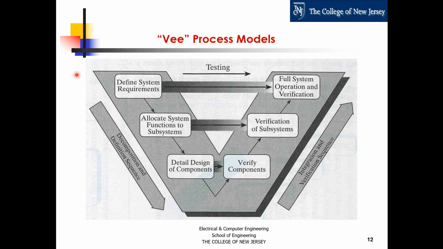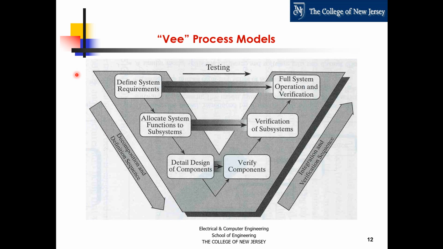So the definition, the conceptualization and the design part is top down. That's the best way because you start at the system level defining what subsystems you need and eventually defining what components the subsystems require.